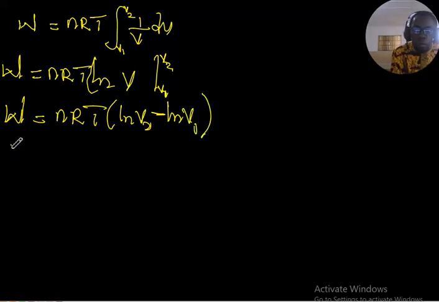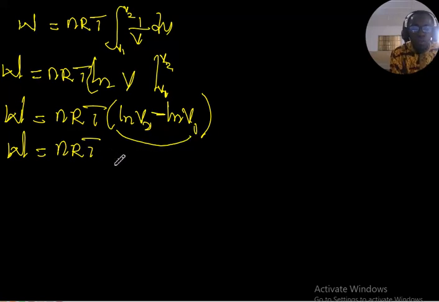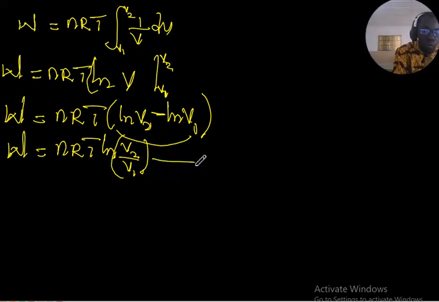So at this point the work done equals nRT times this subtraction. In logarithms, if you have subtraction between two logarithms, we divide. So this will give ln V2 over V1. Now this is the work done in the isothermal expansion in terms of volume. Call this equation 3.